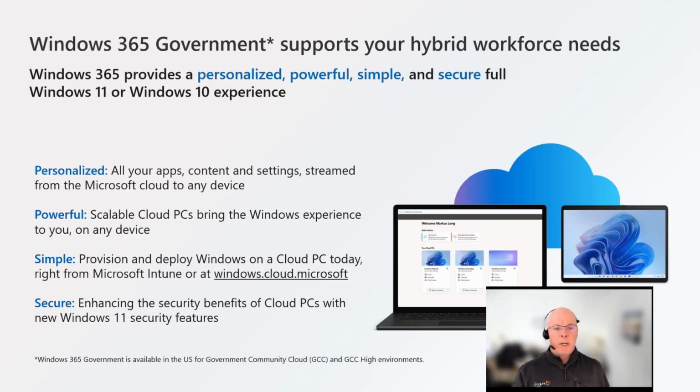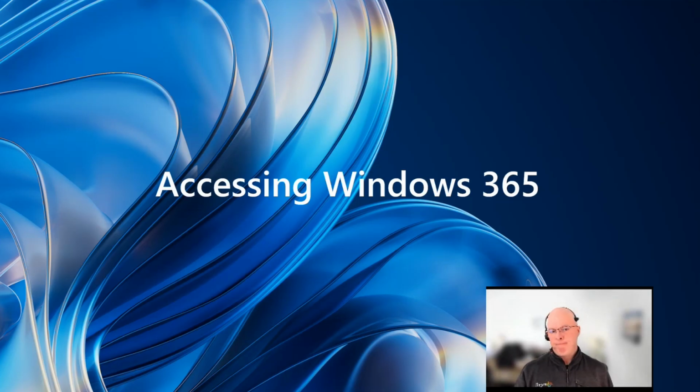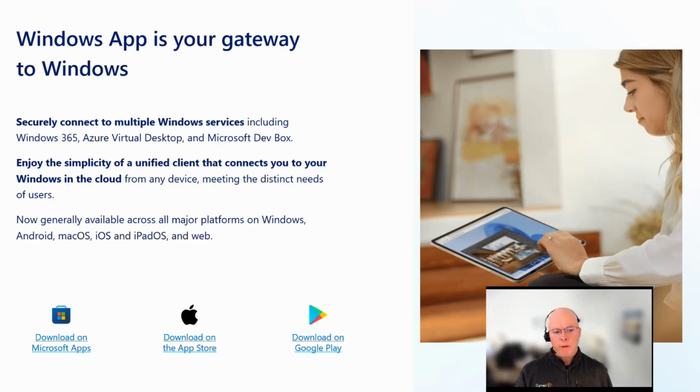Hybrid workforce, you've got that here. Again, you can access this from anywhere out there, whether it be on an Android tablet, an iPad, laptop, desktop, smartphones, you name it. The possibilities are endless. But let's talk more about that and focus in on this, right?